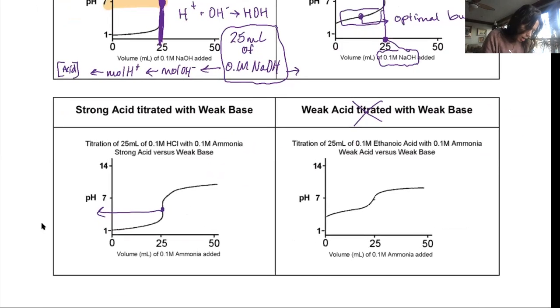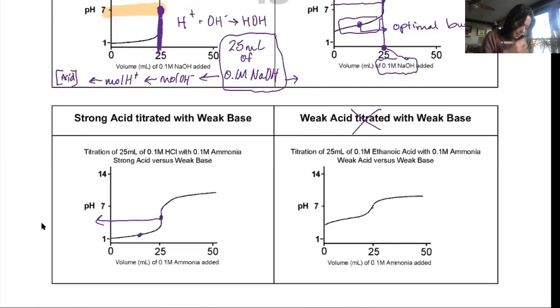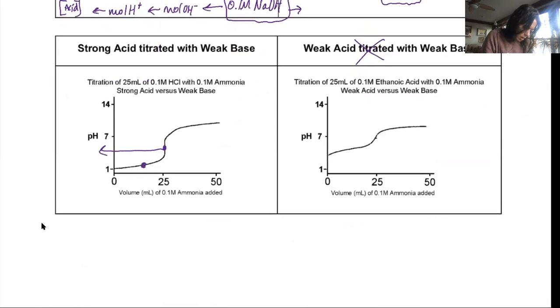Sorry, I was just wondering why there wasn't a basic one, right? That's okay. It doesn't matter. Here is our pH equals pKa, or the pOH equals the pKb, optimal buffer zone, and so on. Okay.